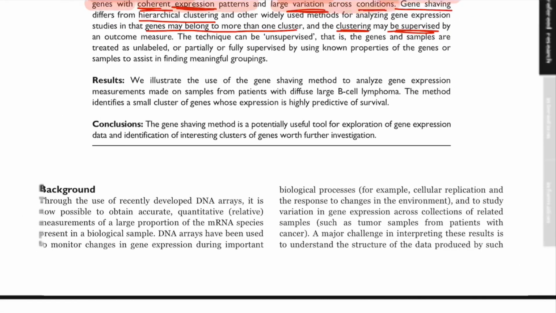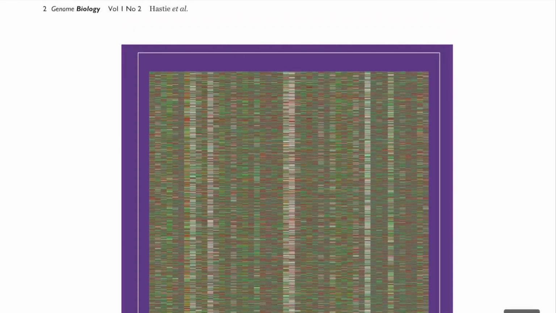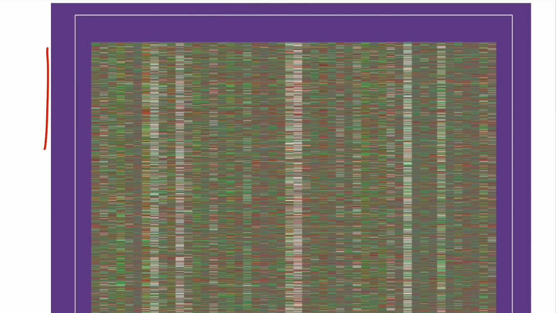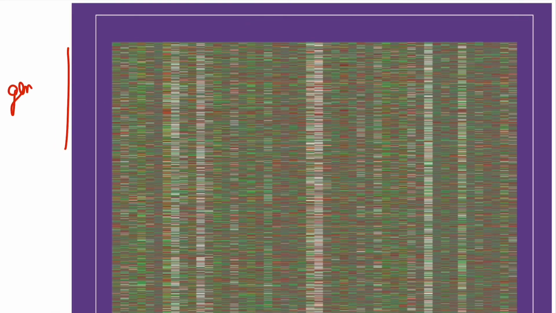So now let's start with what are gene expressions. These are gene expressions shown here, where each row represents a gene and each column represents a sample.